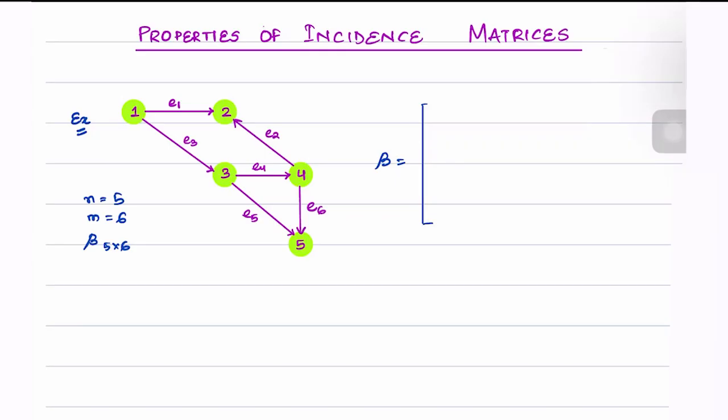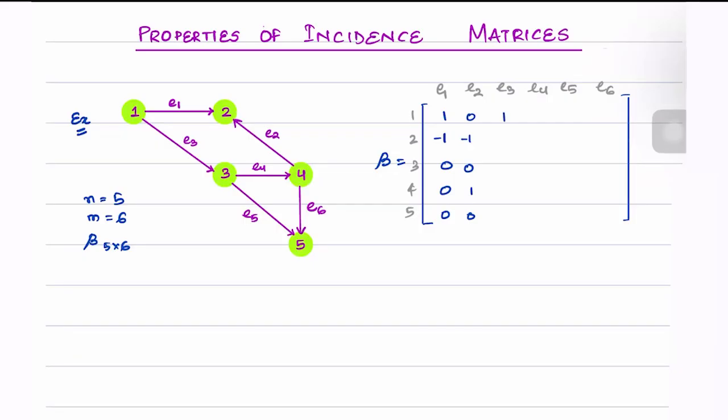So the vertices are just 1, 2, 3, 4, and 5, and there are 6 edges, up to E6. Okay. So the first edge starts at 1, ends at 2. E2 starts at 4 and ends at 2.